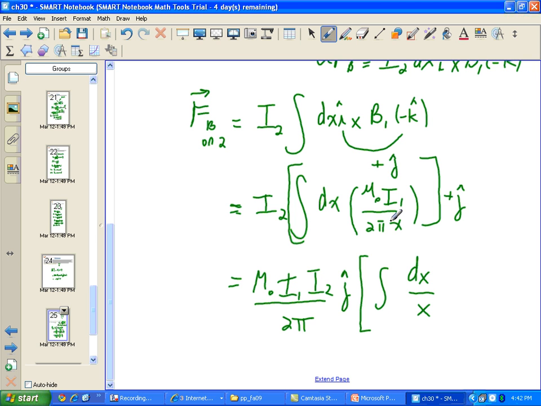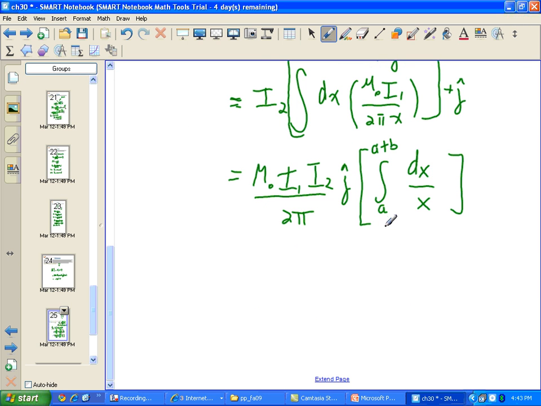So dx over x, because I pulled all the constants out, including the direction. And x begins at a, so we're going to measure beginning at the position a and ending at a plus b. So this is the integral that we need to worry about. This integral right here is ln of x from a to a plus b.